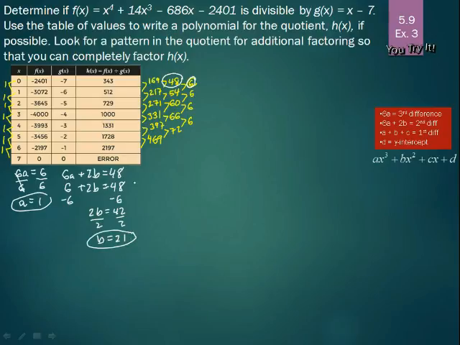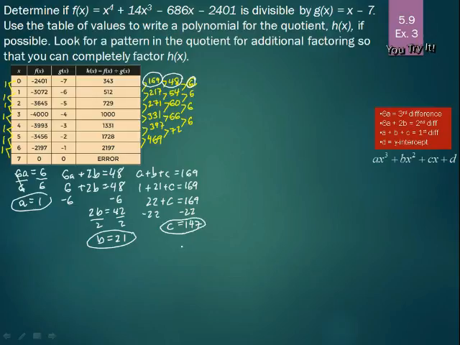And now for c, we know that a plus b plus c equals the first difference between x equals 0 and x equals 1, so 169. A is 1, b is 21, and so 1 plus 21 is 22, plus c equals 169. Then minusing 22 on each side, we see that c equals 147.